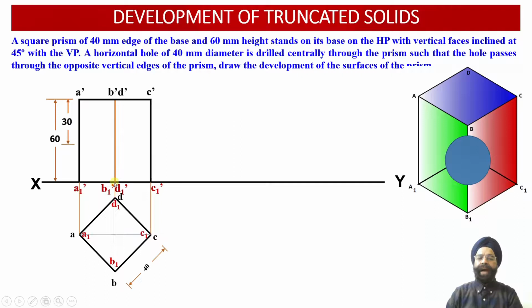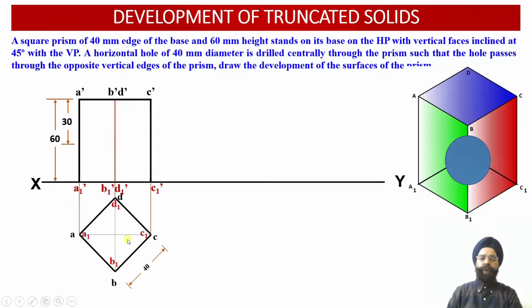But we are not able to see any hidden line projections in the front view projections. Why? Because the hidden line projections corresponding to the vertical edge D dash, D1 dash have been superimposed or overlapped by the object line projections corresponding to the vertical edge B dash, B1 dash, which is appearing on the front side of the square prism. So now we have obtained the front view projections of the square prism.